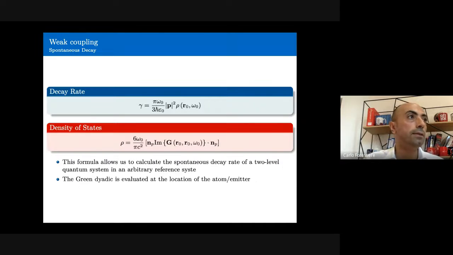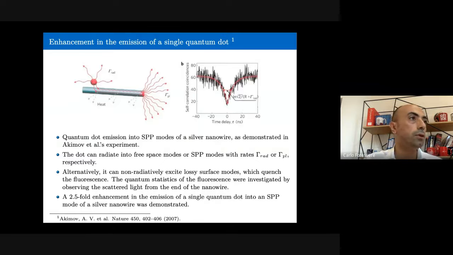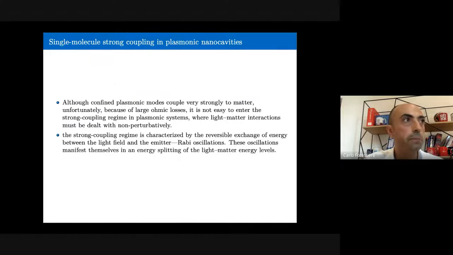This emission rate can be calculated by calculating the classical Green function of the system. Here you can see an experiment in which the emitter is coupled to a plasmon wire, and the emission is enhanced, and the state is preserved.